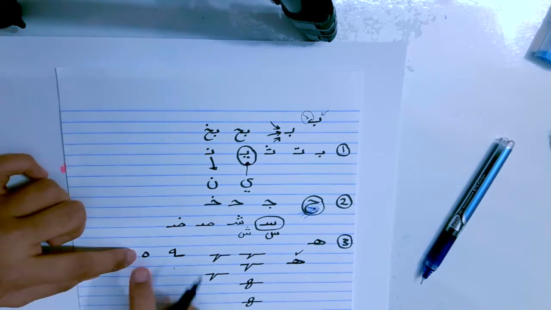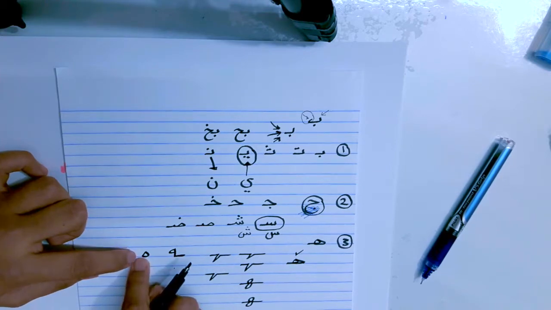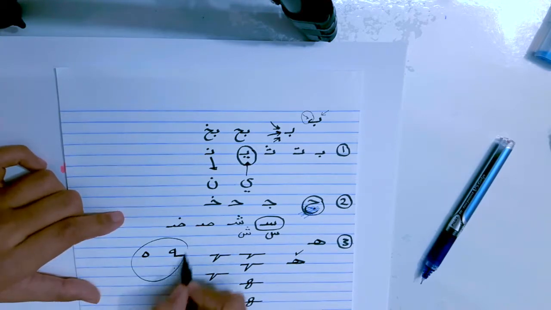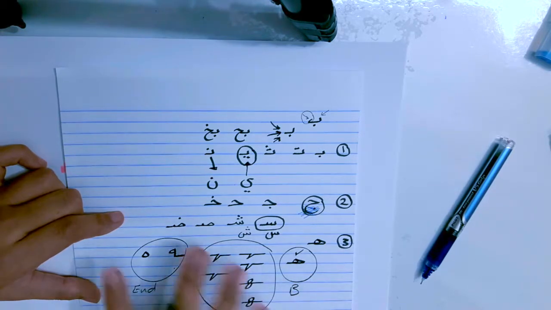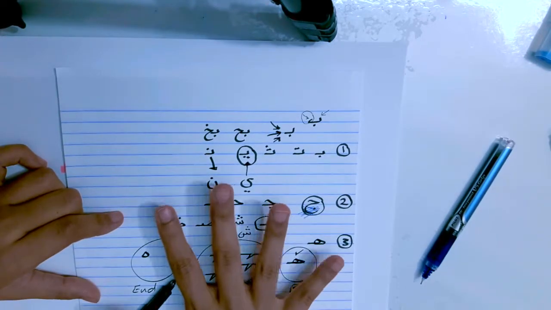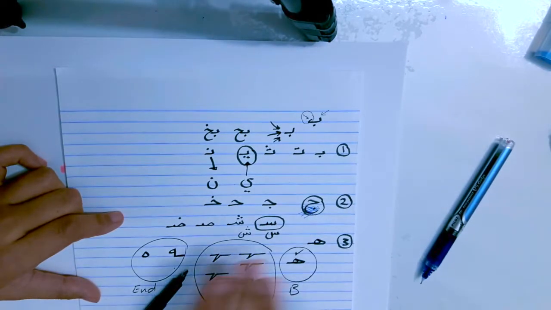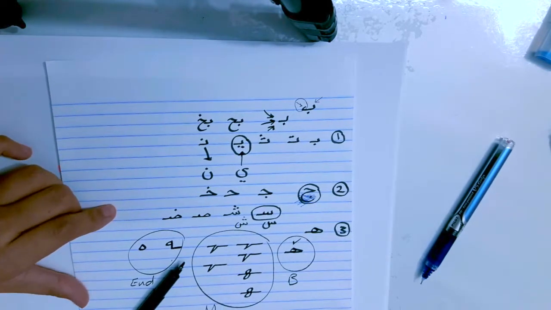I will tell you when we use each shape. So these are at the end, these two shapes at the middle, and this one at the beginning. So we have 5 shapes for ha. You need to memorize them. No way.